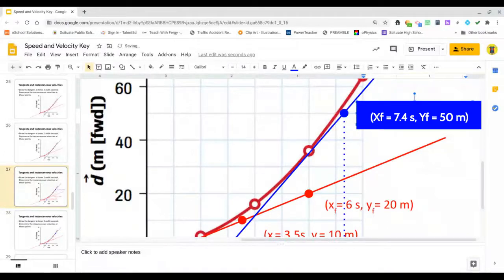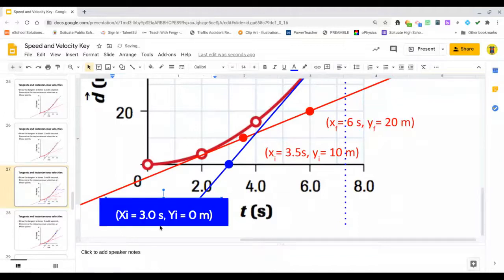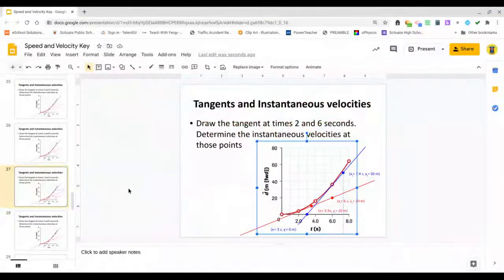Okay, now let's duplicate this again. So this happens to fall on 3 seconds, which is nice and neat. And the distance is 0, also nice and neat. Okay. Fit screen.